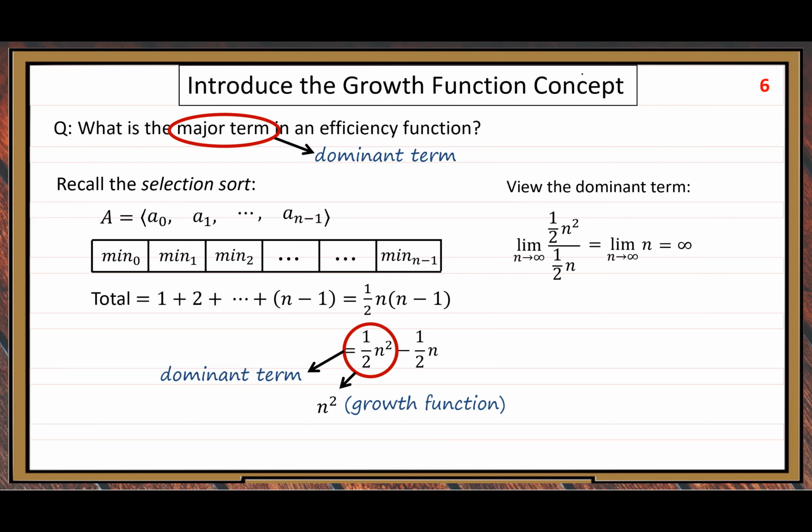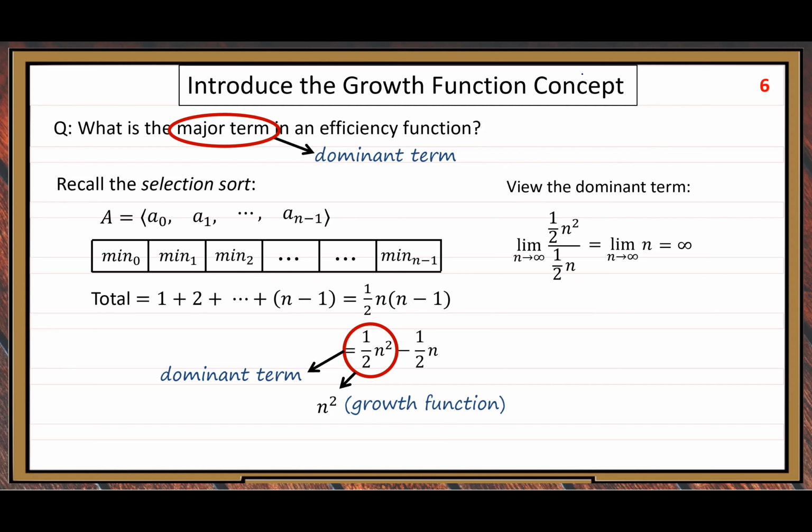The simple answer is this: when we compare two different algorithms, we only need to compare their corresponding growth functions. That's enough.